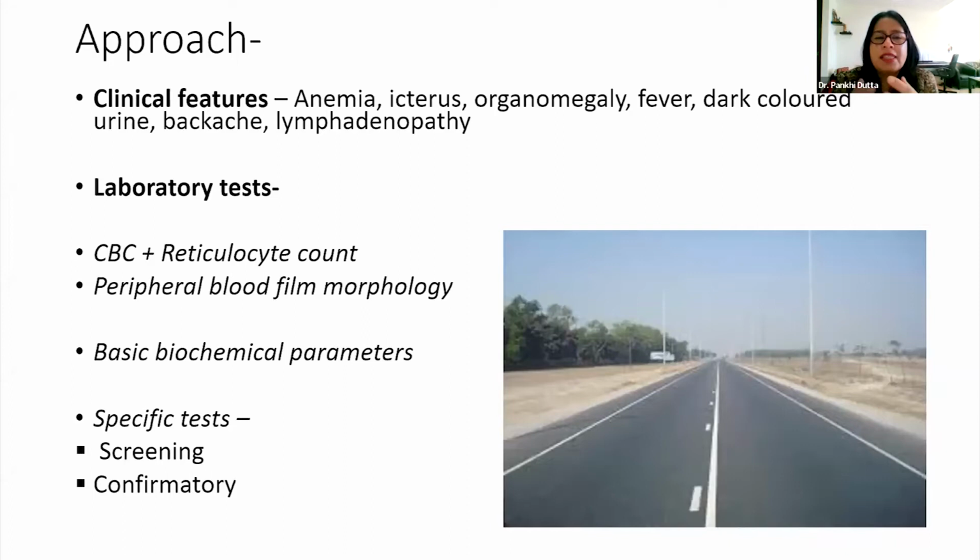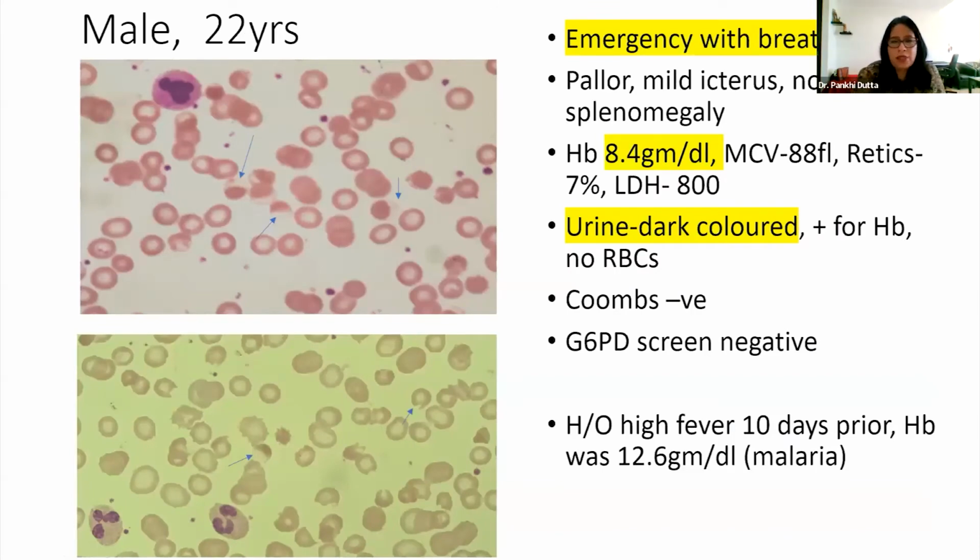Depending on what we have seen and what we are suspecting from these investigations, we'll go for specific tests. Again, in the specific tests too, we'll have some screening tests. Sometimes that may be enough. Sometimes we might need to do confirmatory assays as well. And now let's go and have a look at some cases. I will try to cover most types of hemolytic anemias and wind up with a summary.